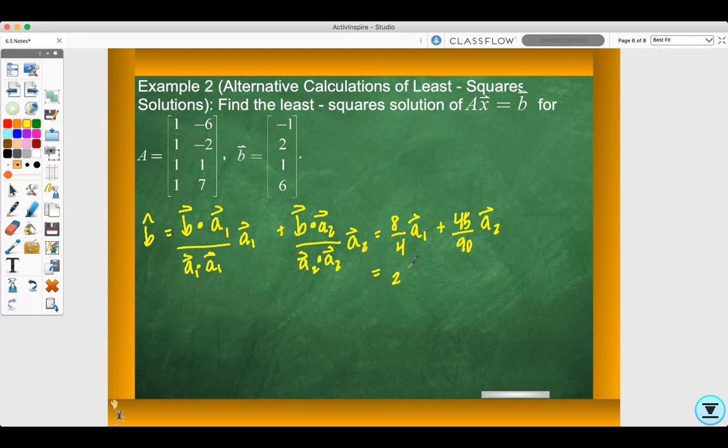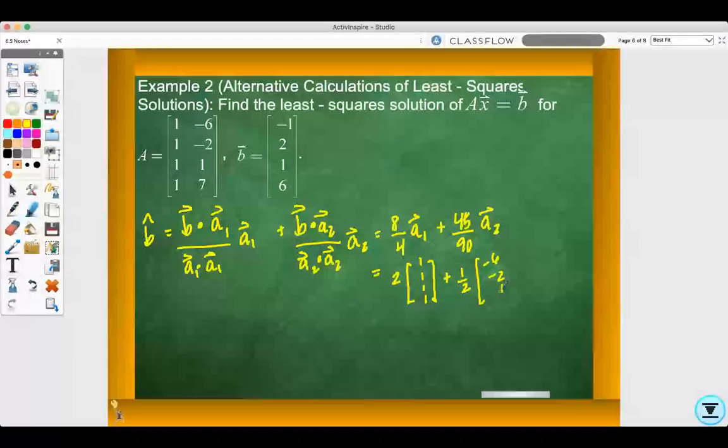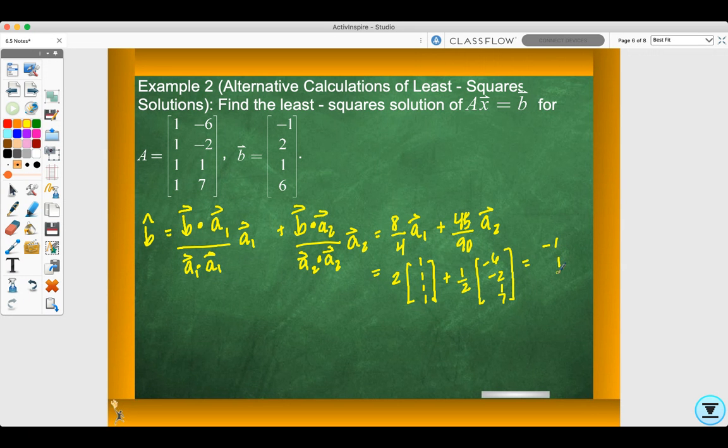This would be 2 times 1, 1, 1, 1 plus 1 half times negative 6, negative 2, 1, 7. And this would equal negative 1, 1, 5 halves, and 11 halves.